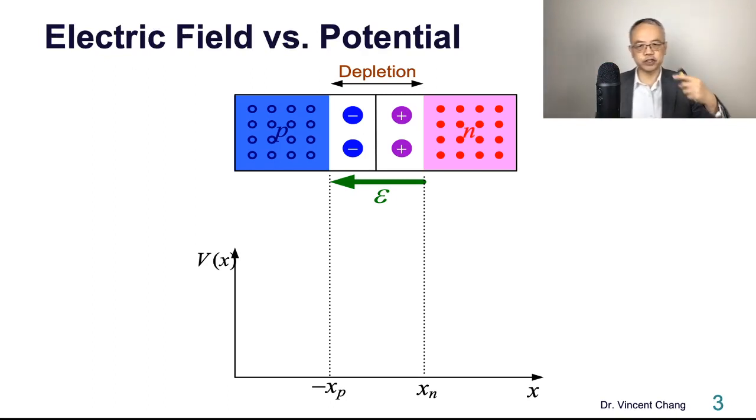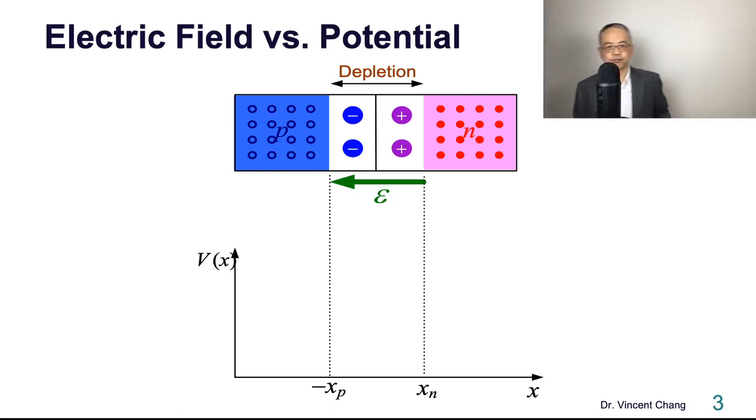Electric field versus potential. When the electric field is established within the depletion region, then there's another physical quantity called the potential. Field and the potential.